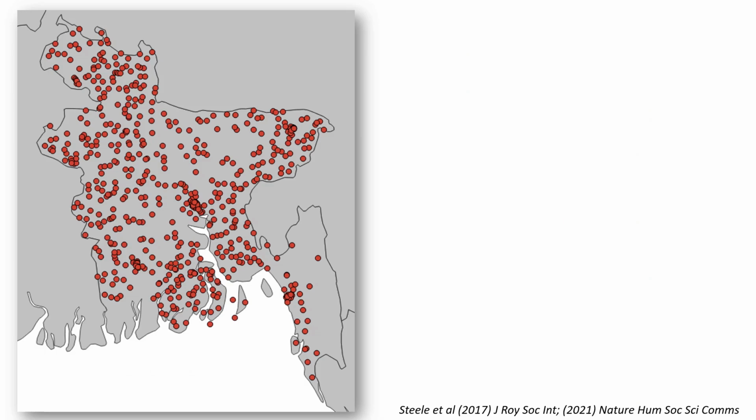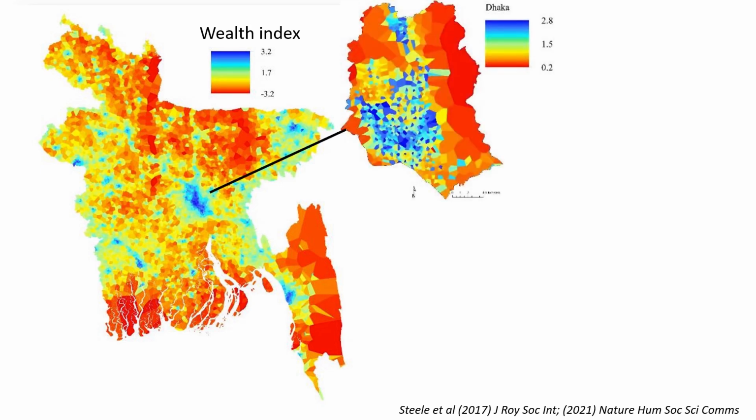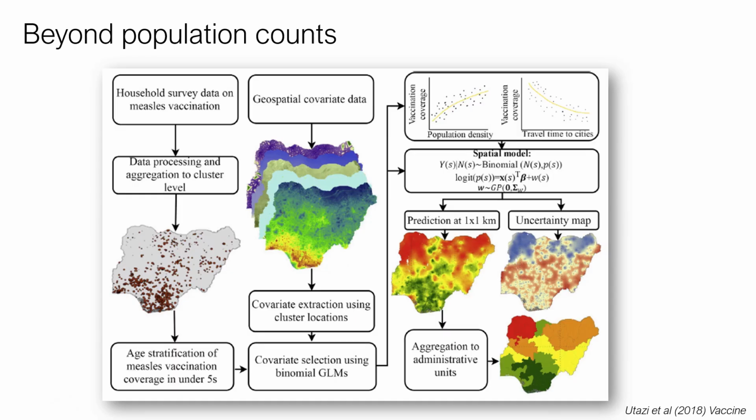And again, when we bring these together in a geostatistical model, we can make those predictions of wealth index that are not too bad, but importantly, measuring that in a Bayesian model, measuring those uncertainty rates as well, and that some areas don't seem to work so well as others.